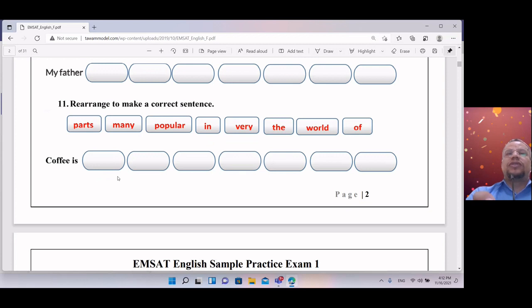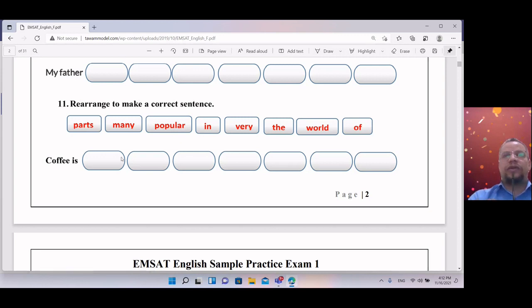Number 2, I have here coffee, is, parts, many, popular, in, very, the, world, of. So coffee is popular. We have very, so very popular, very famous.